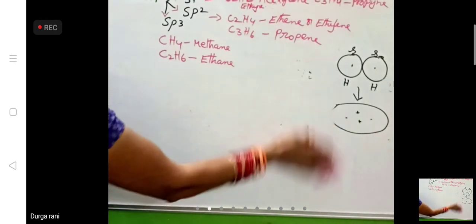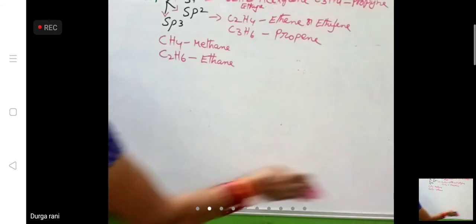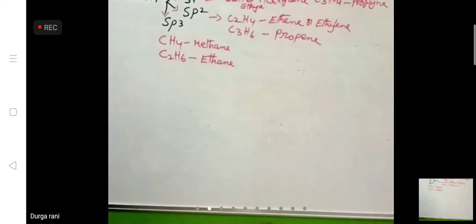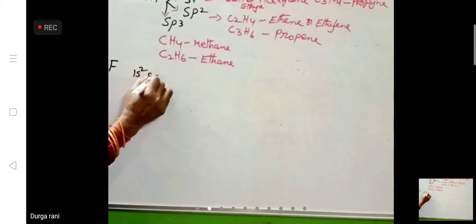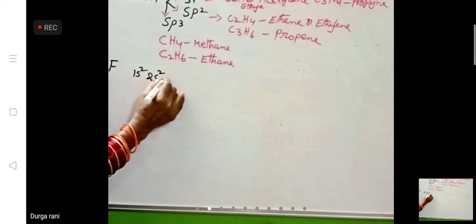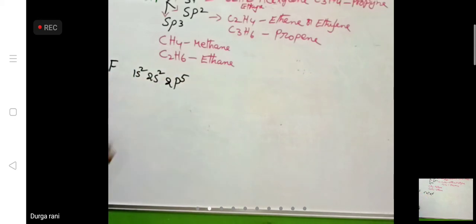Let us see. The atomic number of fluorine is 9. Tell me the electronic configuration for fluorine. 2s2, 2p5.